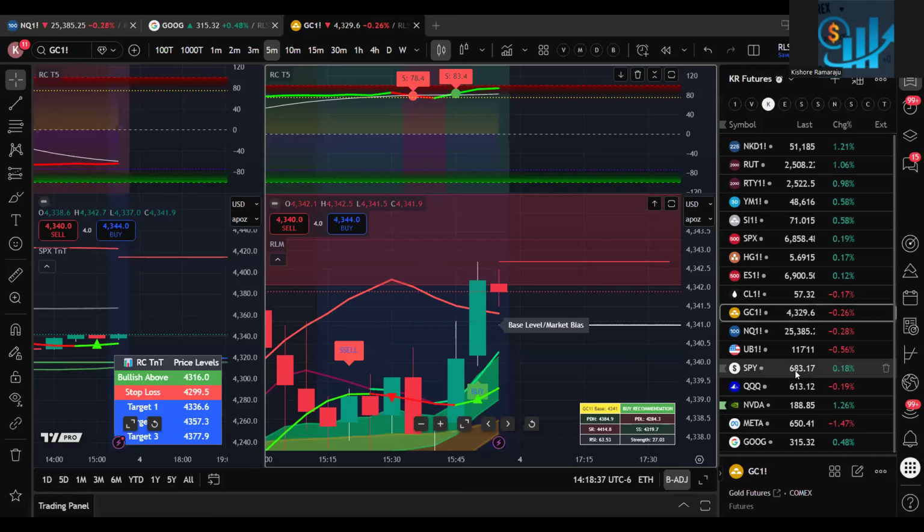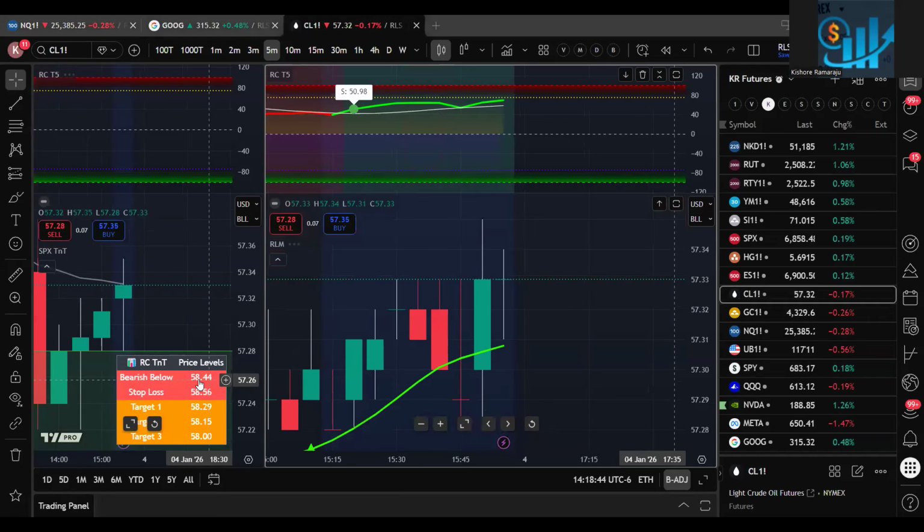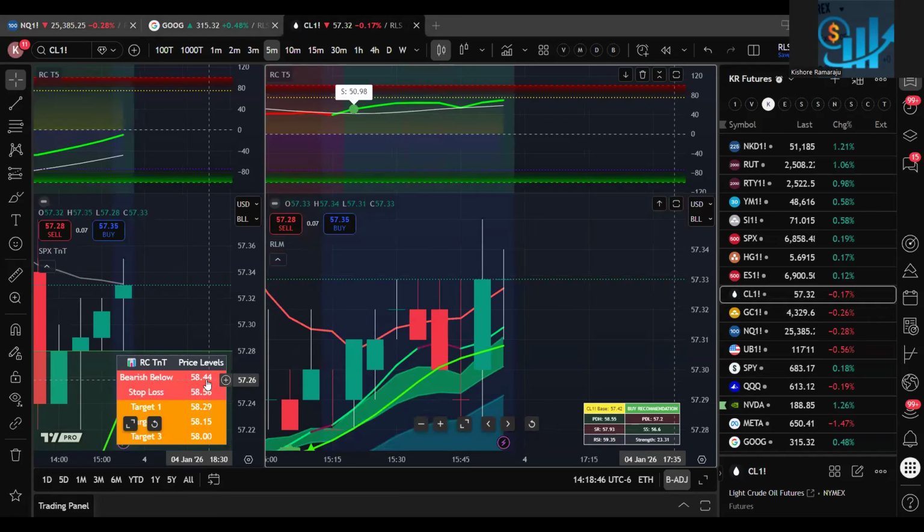Crude oil also, let us look at crude oil. So it is bearish only below 58.44. As of now, yeah, 58.44.